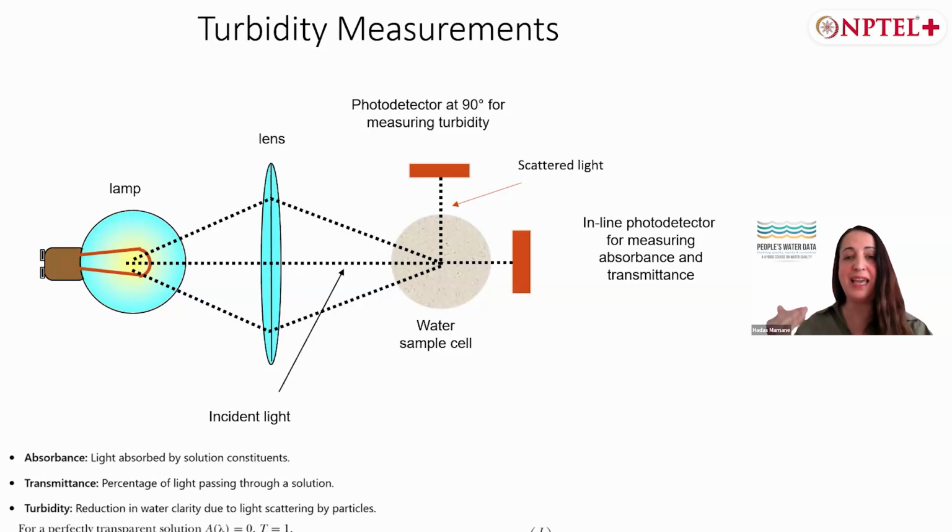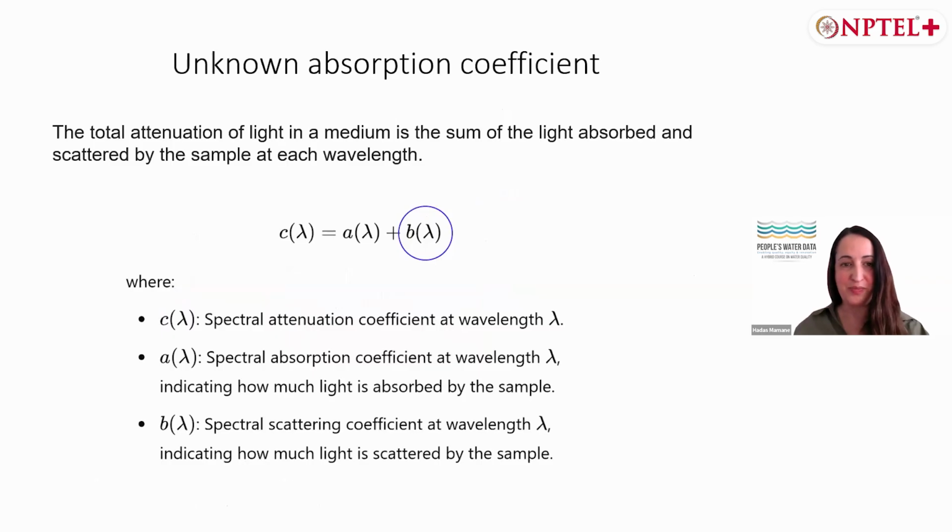Now, if we do not account for the water absorbance in the turbidity measurement, we will have an artifact. And that's why it's really important to place the photodetector at a degree of 90 degrees in order to allow us to measure the light scattering of particles.